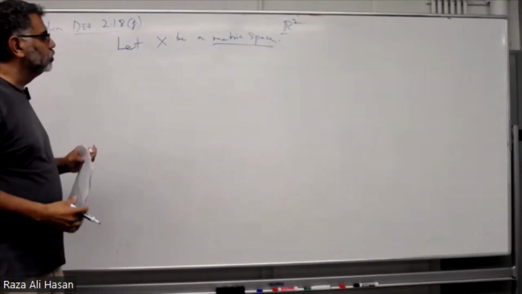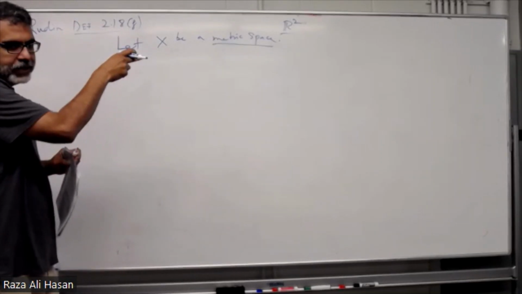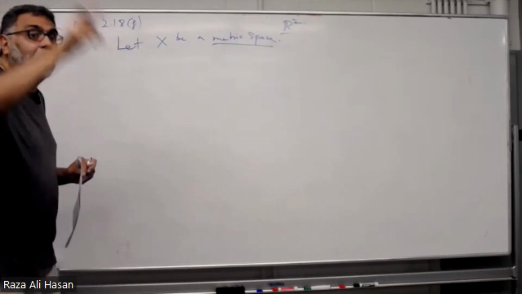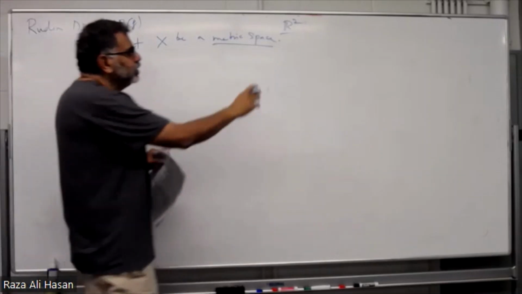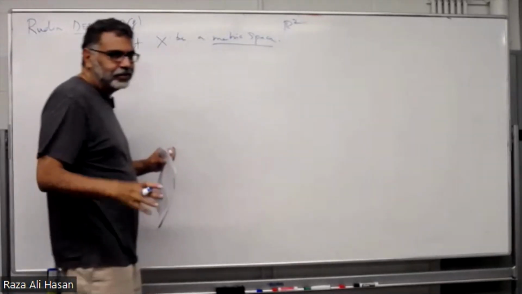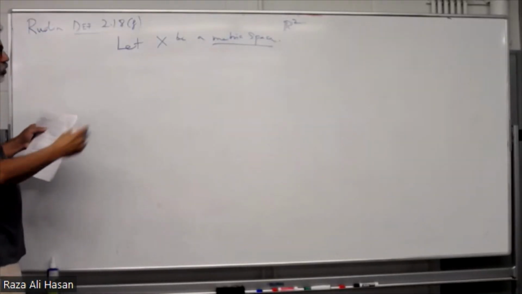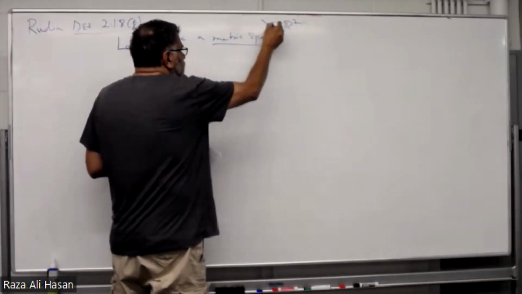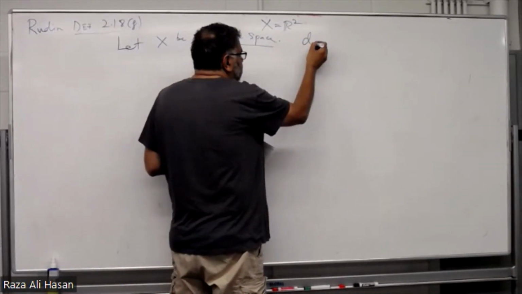So R squared is also a metric space. R3 is a metric space. Rk is a metric space. We just need to imagine this one for now. So R squared is our space, and our metric D is the Euclidean metric.